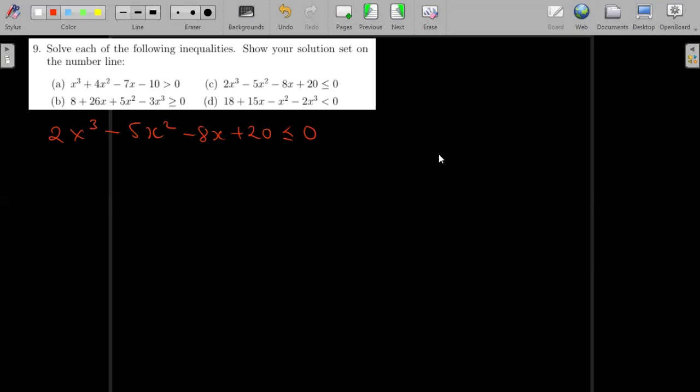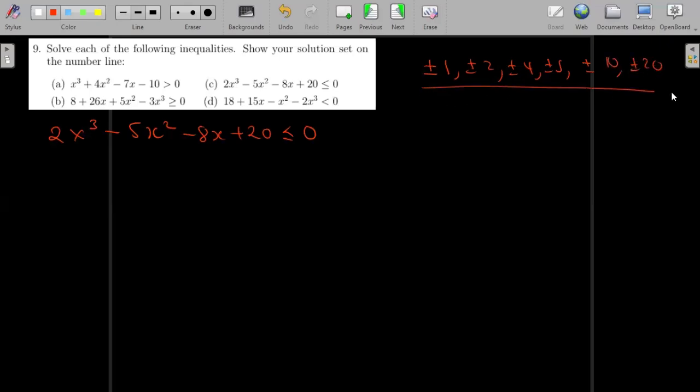You want to find your possible values. And remember, use the same approach here. You say P, Q, and you get the factors. Then you find the rational roots using the rational root theorem. So factors of 20: plus minus 1, plus minus 2, plus minus 4, plus minus 5, plus minus 10 and plus minus 20.